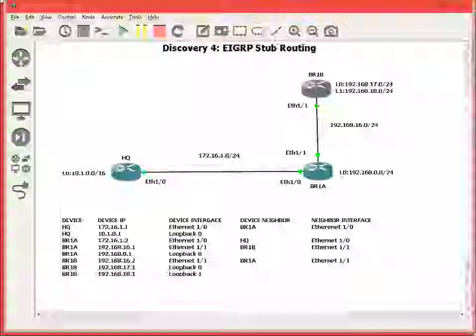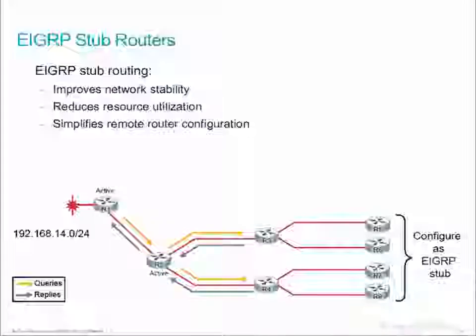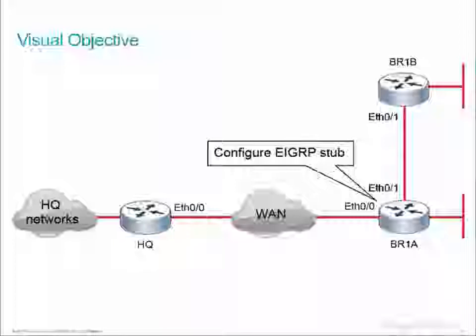So that's essentially what we're going to do in this entire discovery, just look at all the different stub options that we have. We have 3 routers in this discovery: HQ, BR1A, and BR1B. Let me pull up the slide deck here real quick. I just want to point out a couple of things that are already configured in this topology.